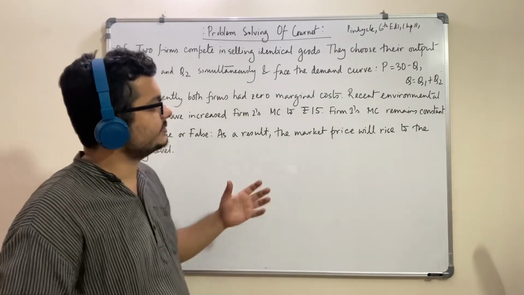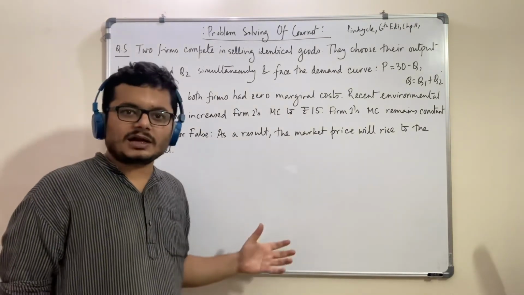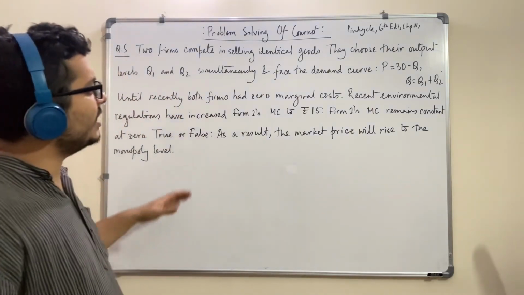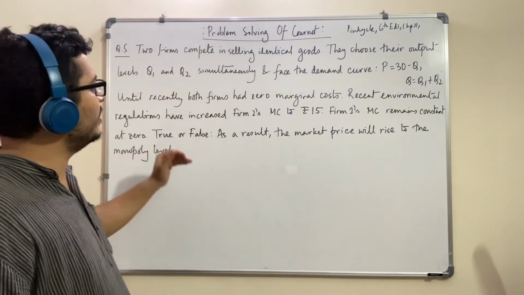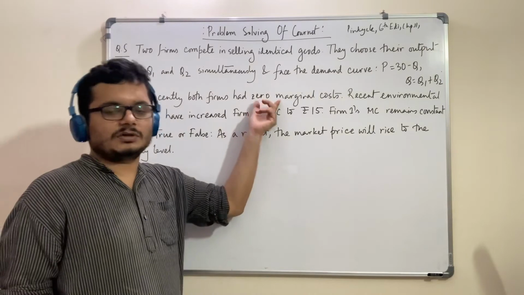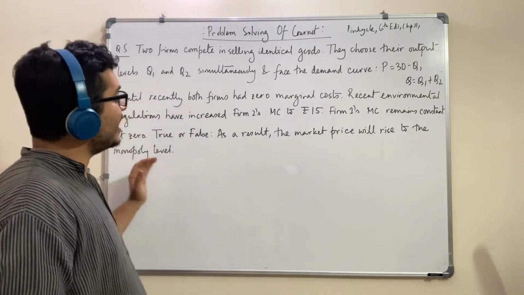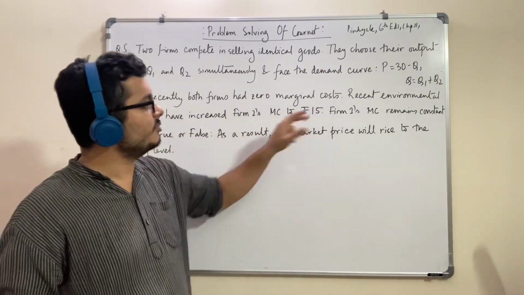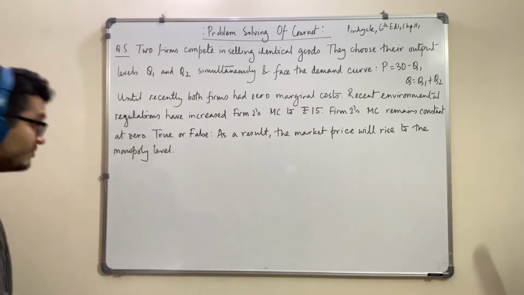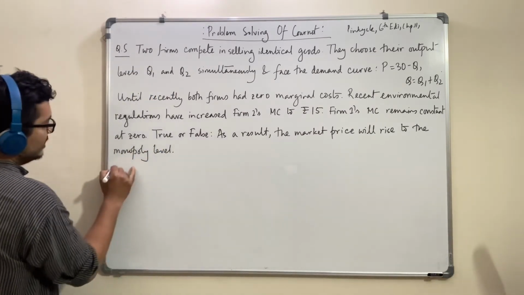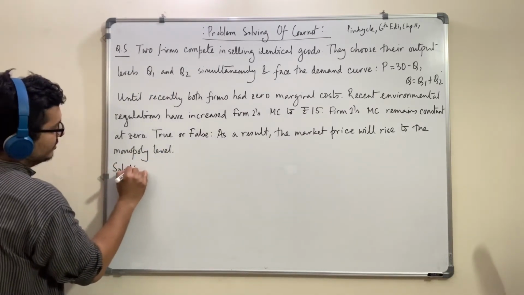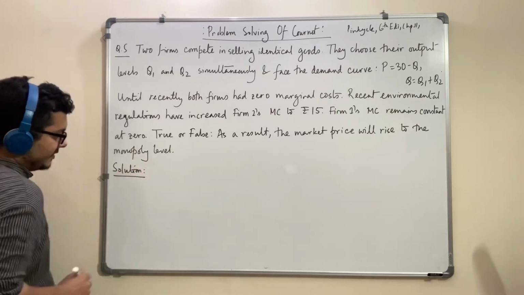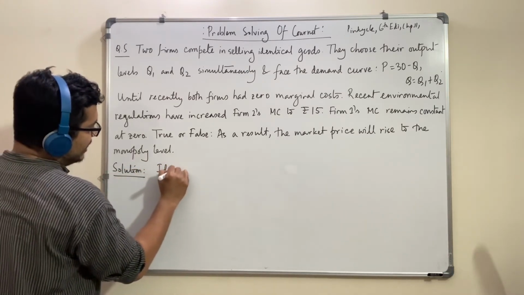One trick or one hack of solving this problem is we are not solving the equilibrium with zero marginal cost. Okay, we are not interested in that. So we will directly start with MC rupees 15. So as we do, first in the solution, we are going to write the basic things. For example, we have identical goods.